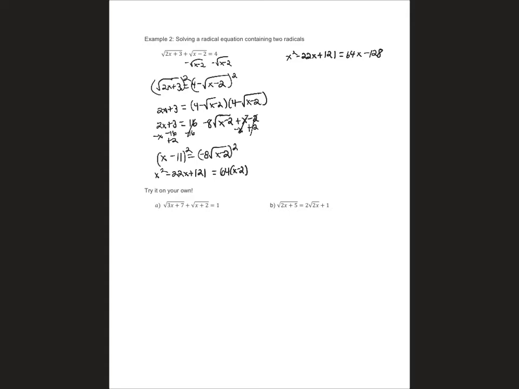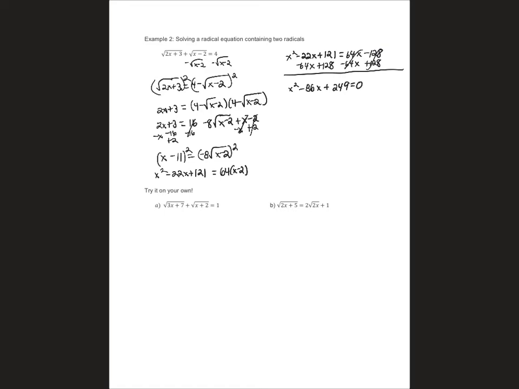Since this is a quadratic equation again, I need to move all of my terms over to one side. So I'm going to subtract 64x as well as add 128. And I get x squared minus 86x plus 249 equals 0.